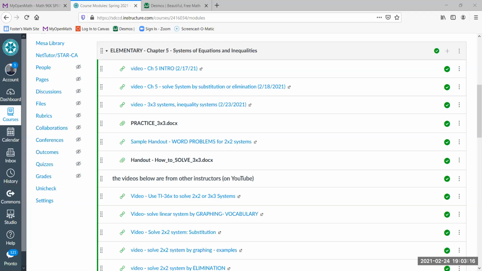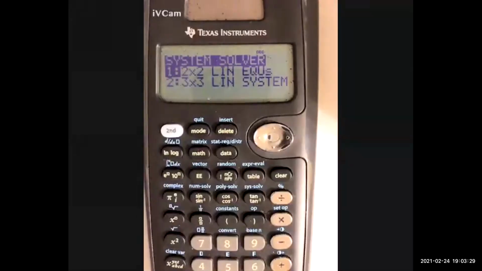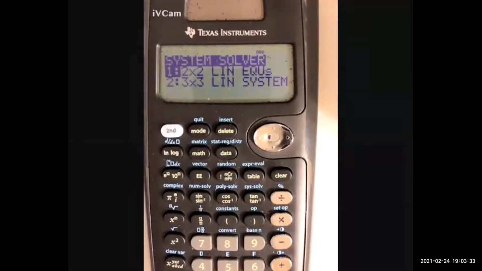Okay, new share. Where does it say systems of, wait, go back to your thing. Where did it say systems of whatever you had? Mine just says systems of linear equations.